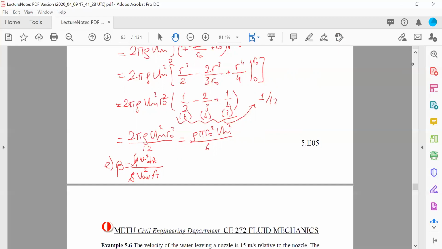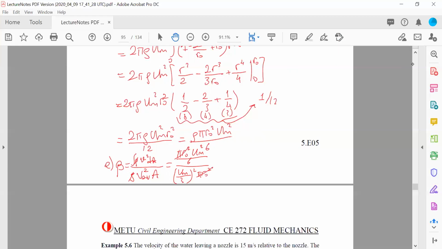Rho can cancel each other. At the top, we have rho pi u max squared r0 squared over 6. At the bottom, note that the average velocity was u max over 3, squared, and the area is pi r0 squared.